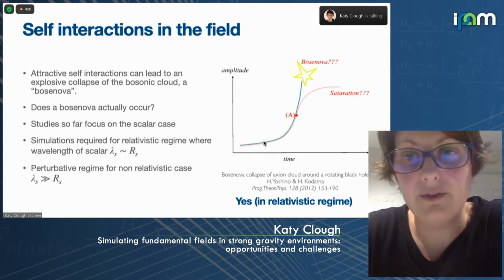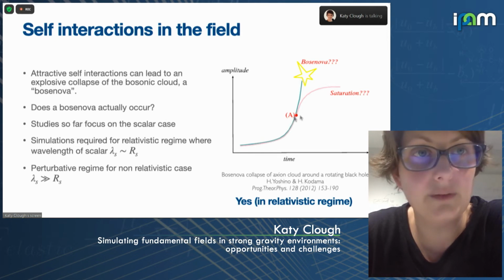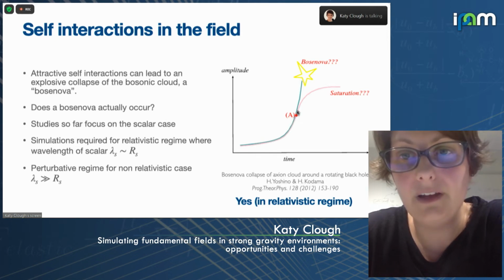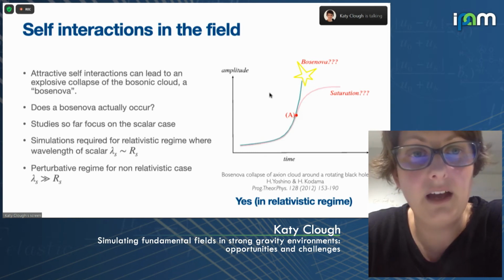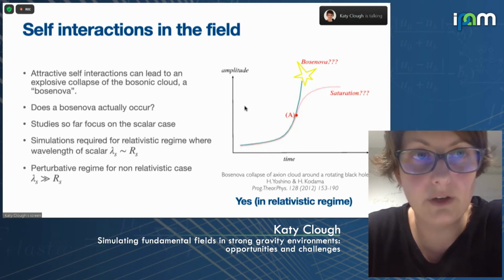So that you'd have the superradiant growth, and at some point you'd reach a critical point where the self-interactions become important. And they say, either you could saturate or you could have a bosenova. And the conclusions from their studies was that you would actually end up here, that you would have some kind of explosion.